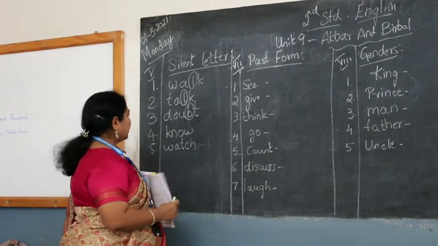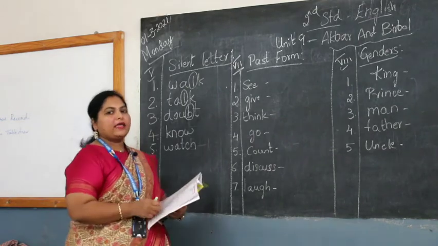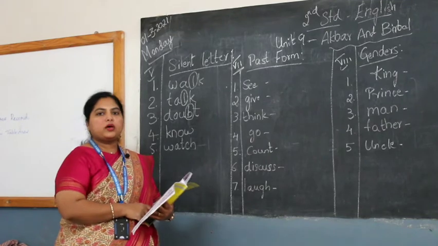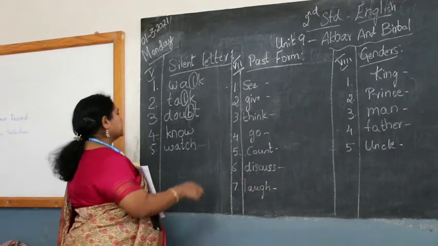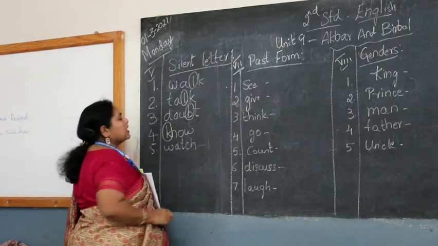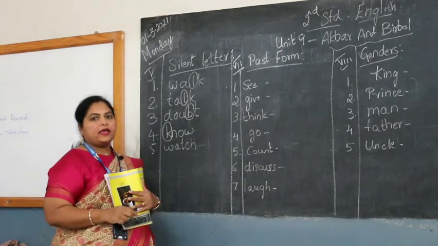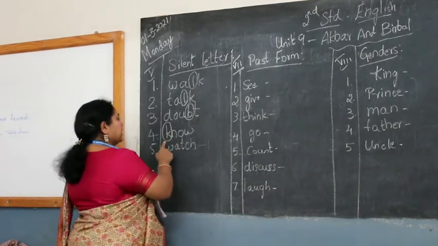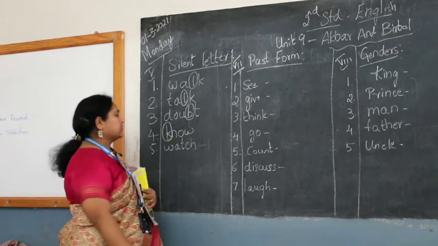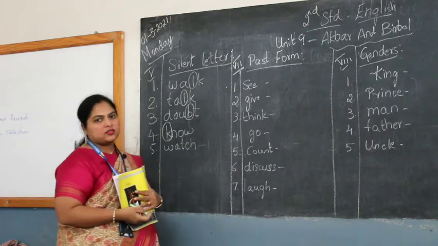Okay? Next is know. K-N-O-W, know. When you say K-N-O-W, K is the silent letter because we don't pronounce the sound of K. Next is watch.